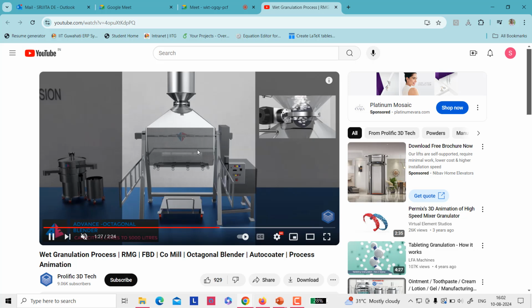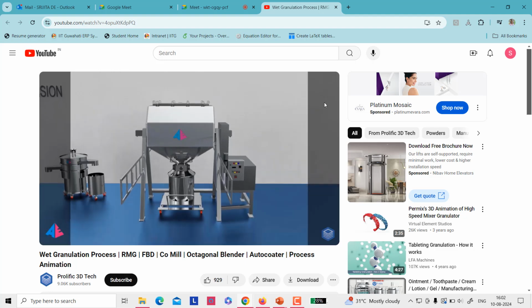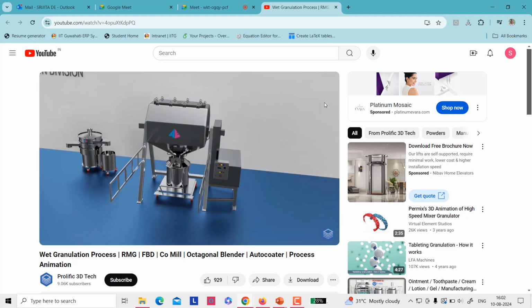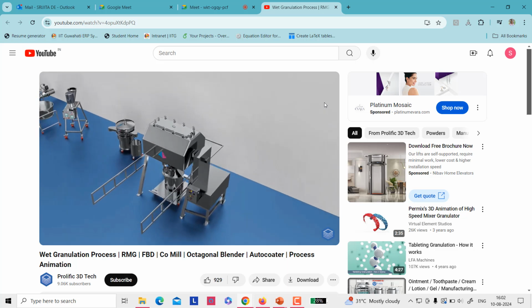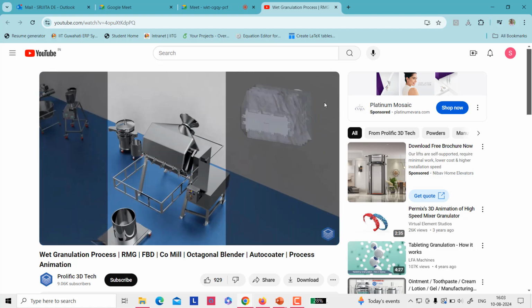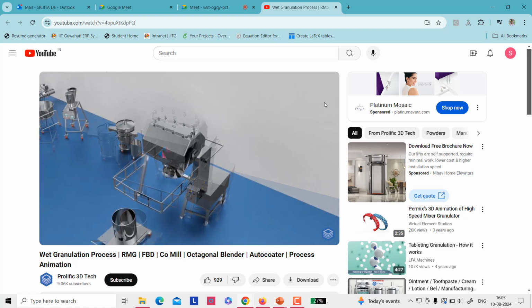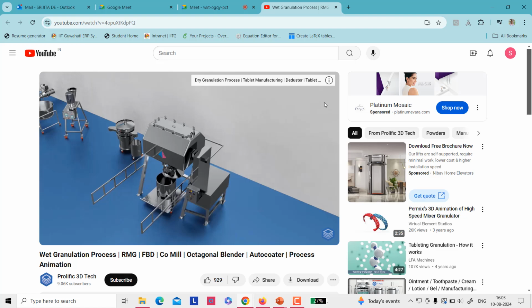So how this will work, you can see in the inside video. The whole system is rotating here. The whole container is rotating. And finally it is collected from the bottom.